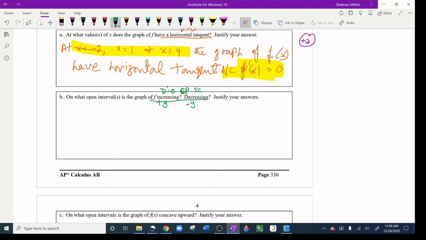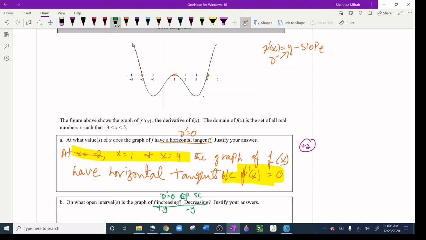But since it's a graph, every y value is a slope anyway. It's gonna go from -3, since there is no arrows, it means this is a defined point right there, it's not extending to infinity. So I'm gonna say -3 to -2 and 4 to 5.